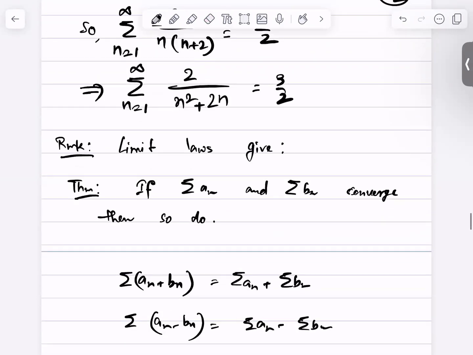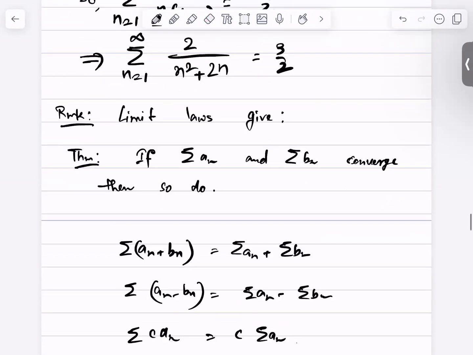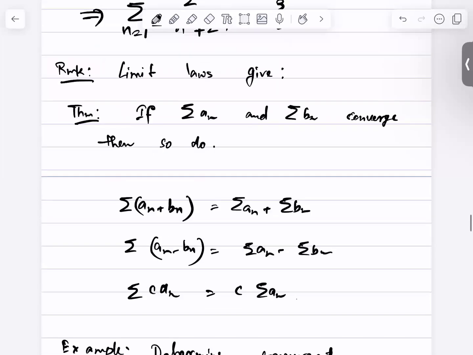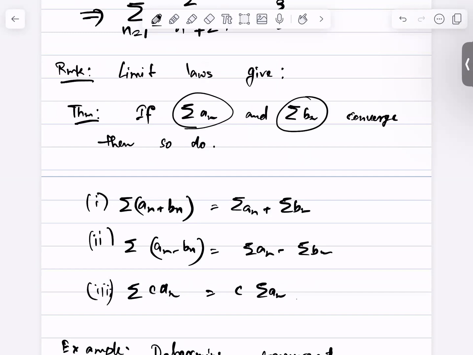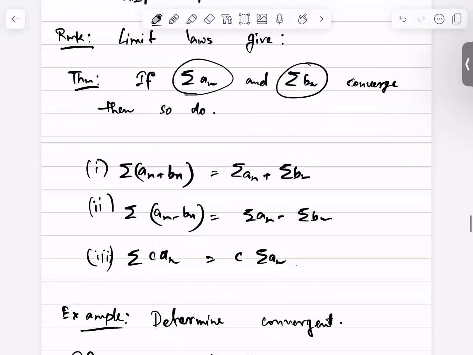Okay, now one remark is the limit laws give us these three results, I'll say. If summation an and summation bn converge, they are two converging series, then the sum is also convergent. And the new series is formed by taking term by term summation.